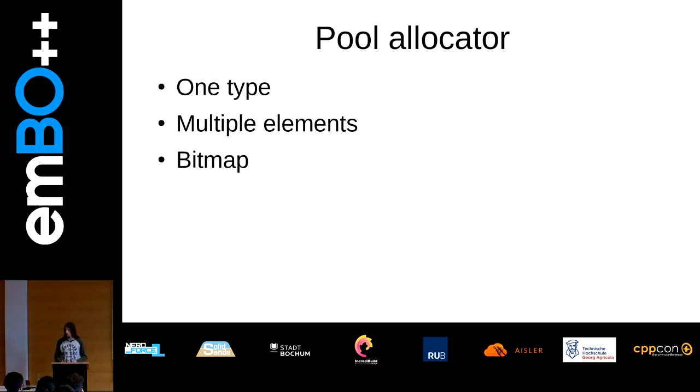And using this single byte or single integer, you can also very easily tell if a pool is fully empty or if it is fully full. So that is the reason a bitmap allocator is basically the only viable pool for this structure.